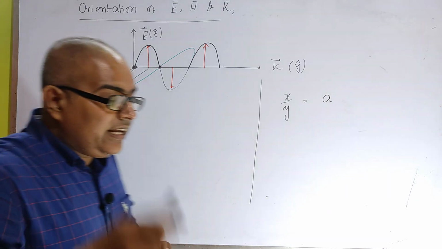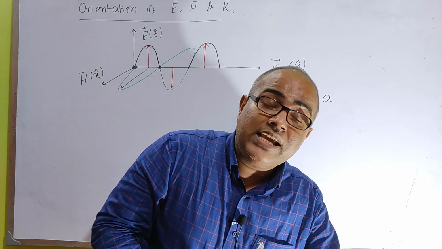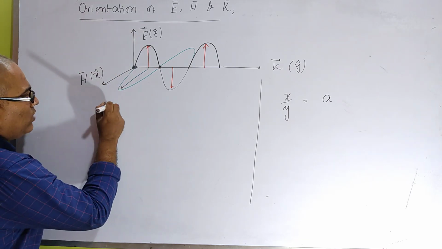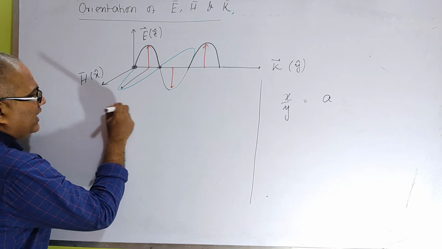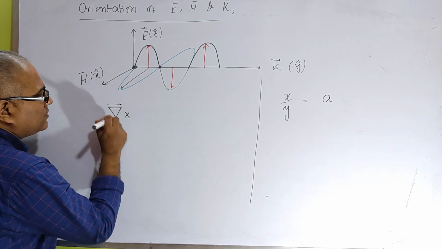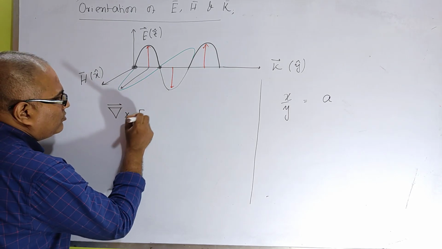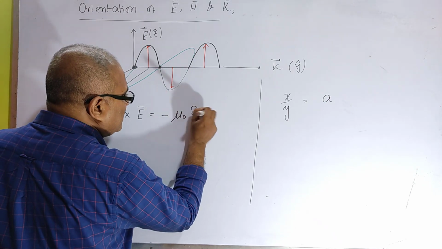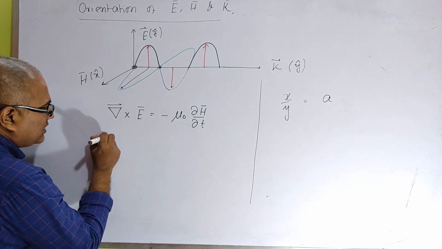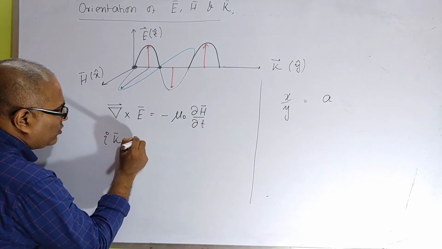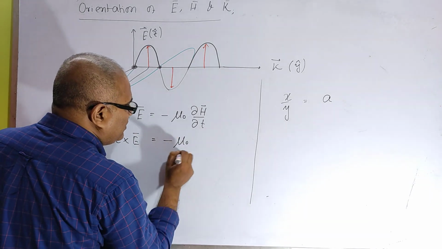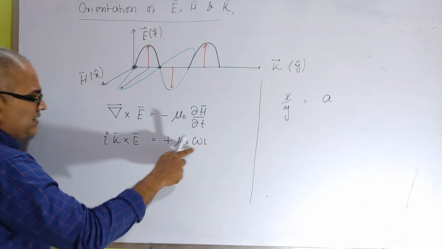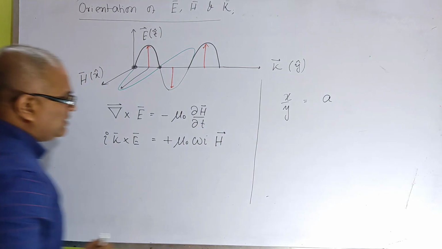So if x by y is a real quantity, then there will be no phase difference. Let us use this technique for E and H, and let's find whether there is any phase difference between E and H. I am going to use these relations again and again. Curl of E equals minus mu naught del H del t. So this is i K cross E, that is minus mu naught, and it appears as minus i omega, H vector.